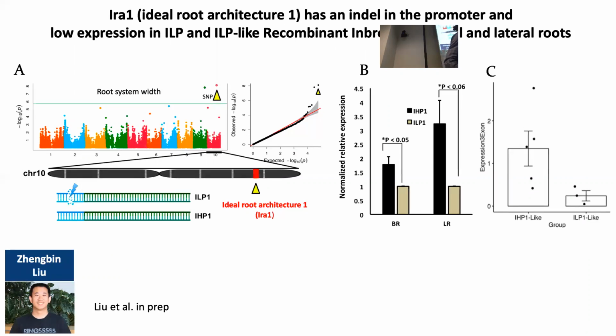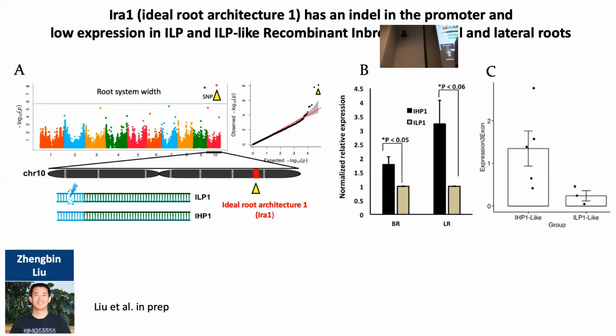I'm not going to tell you that much about the gene itself today, but it is in the central carbon nitrogen metabolism pathway. So we think what's happening is in ILP it's broken, and so the metabolic product is being shunted towards something that the plant interprets as nitrogen. So the ILP, even though it's N-starved, thinks it is N-satiated, and it grows its roots accordingly.